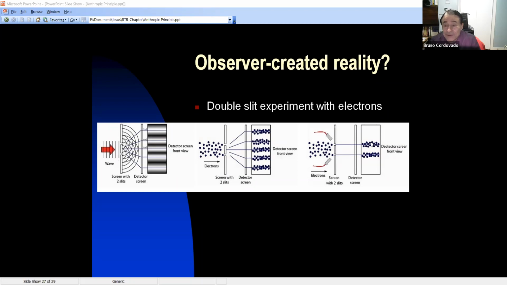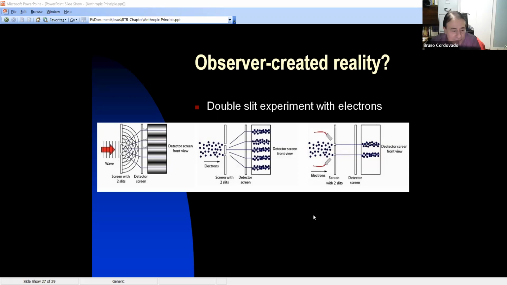Fire another one, oh, this one went through that hole. The pattern that you see at the end, when you put a detector here, is only two single bars. You don't see all these other bars. So somehow, by observing what the electron's doing, you've affected its path so that it only forms 2 bars here.